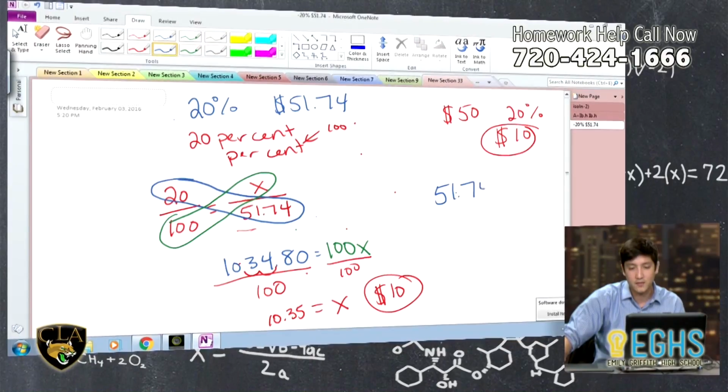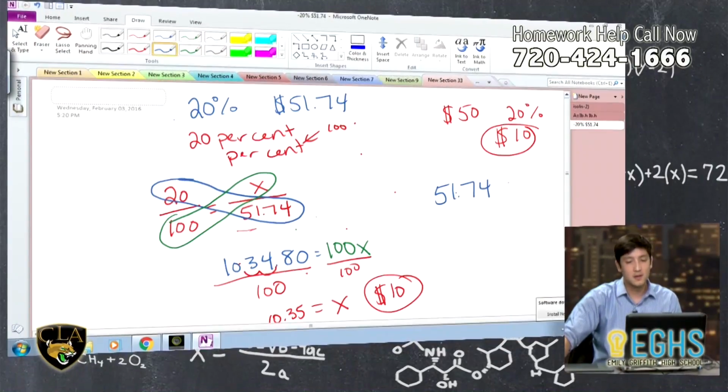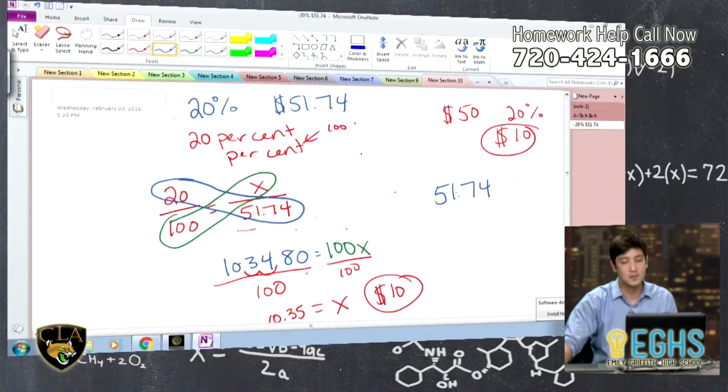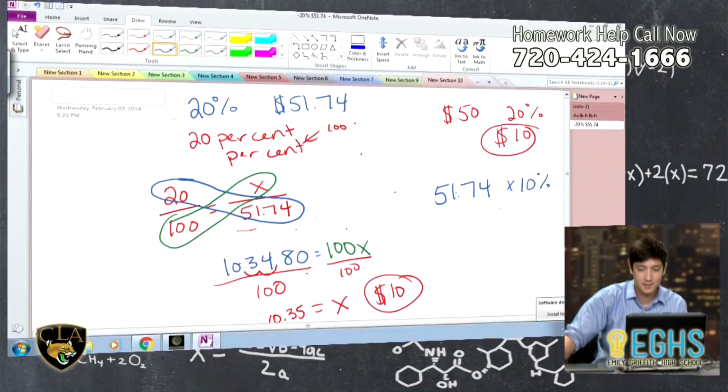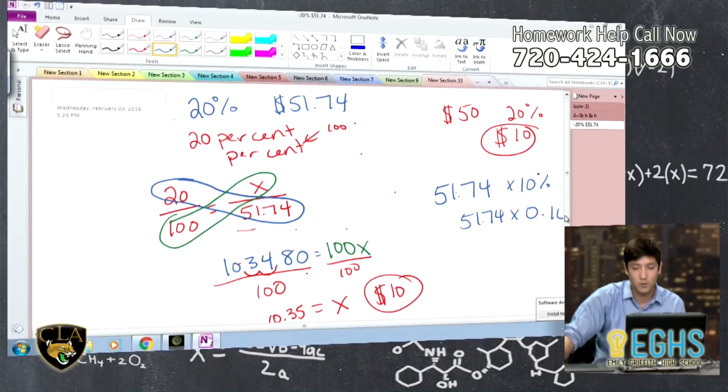So 51.74, we want to do 20%, but really, like you just mentioned, 20% is just 10% two times. If I did 10% of this, well, this is really easy, because it's 51.74 times 0.10.